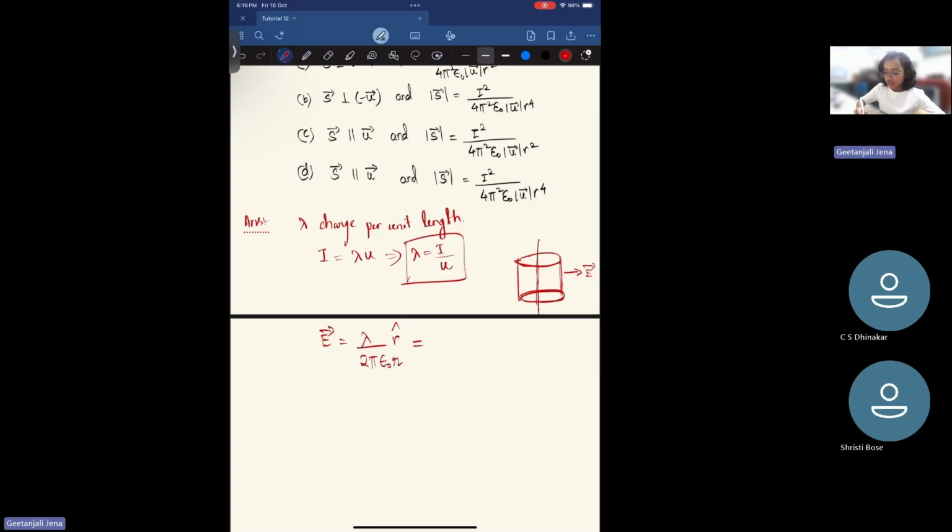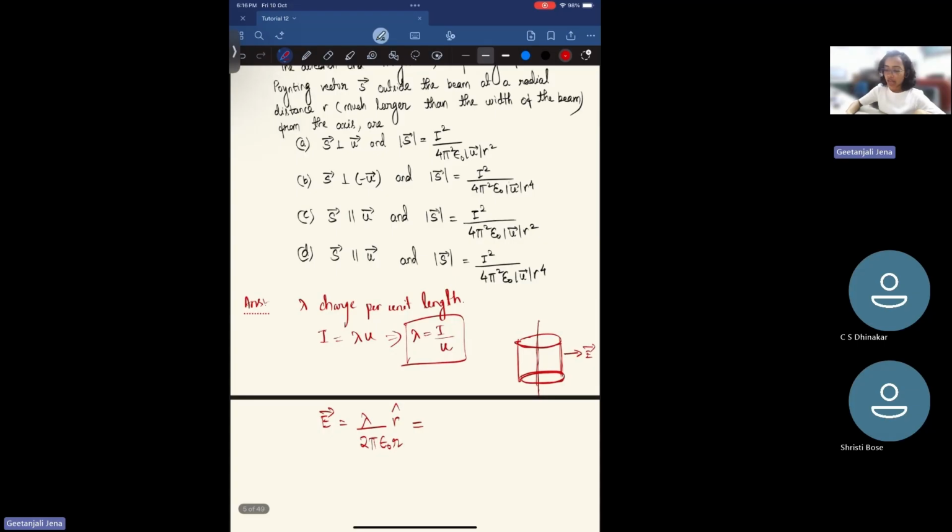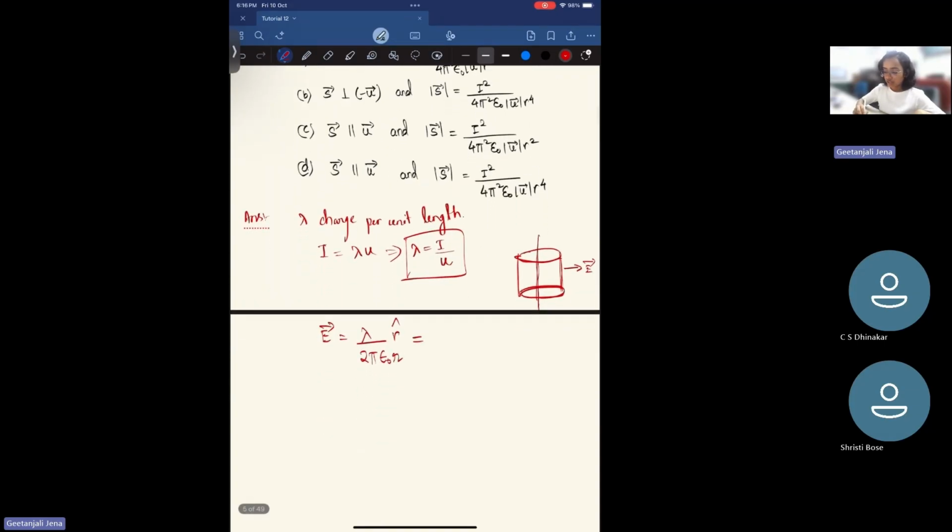After that, you can make a substitution, because the answer is given in terms of I and u, so you need to change lambda to I and u. So this is I by 2 pi epsilon u r. So this is the electric field.